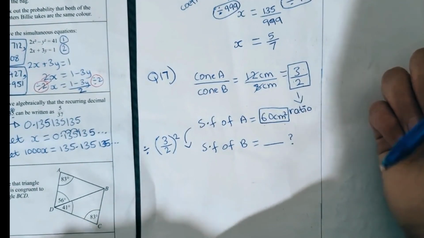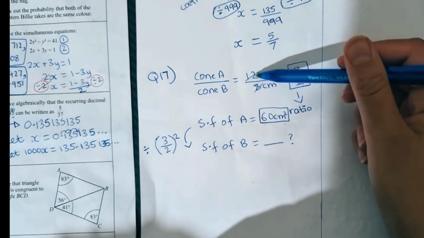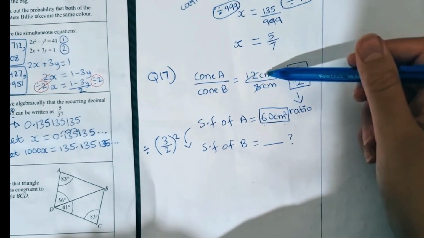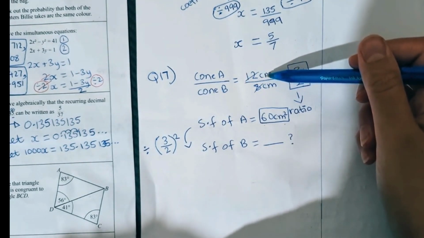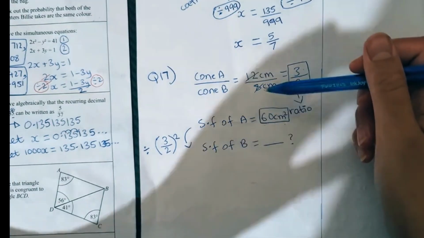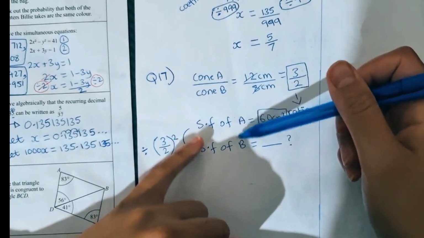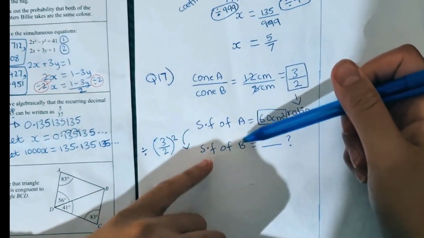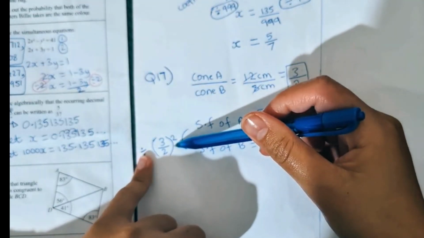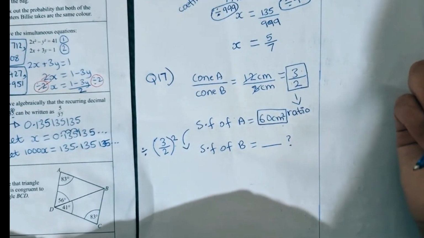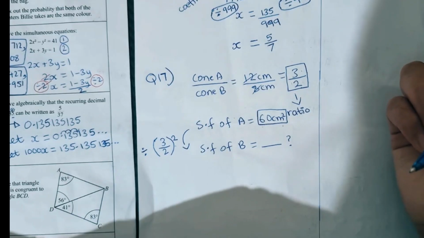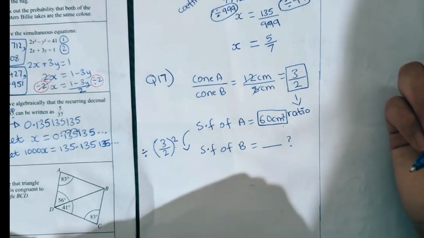If you know, let me know in the comments. So if you also notice, you've got the measurements there of cone A, the height is 12 centimeters, and cone B has got a smaller height of 8 centimeters. So why do you think, if we're working out the surface area and we're going from shape A to shape B, we're going to divide rather than times by the ratio?